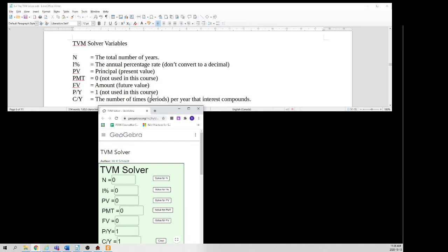PMT we're not going to talk about. We're going to leave it at 0 for this course. FV is our amount. It's also known as our future value. PY is something else that we're not using in this course. Always leave that set to 1. And C per Y is the number of times or periods per year that interest compounds.